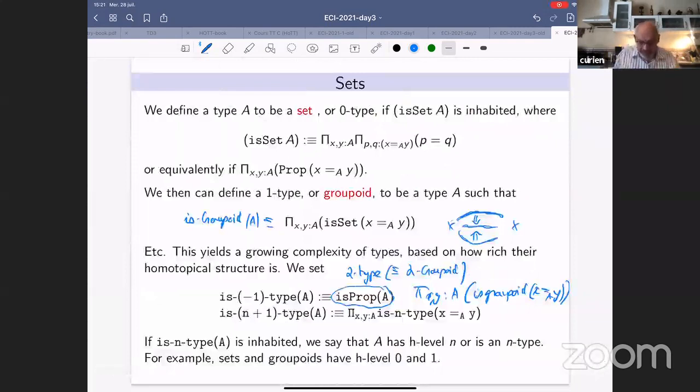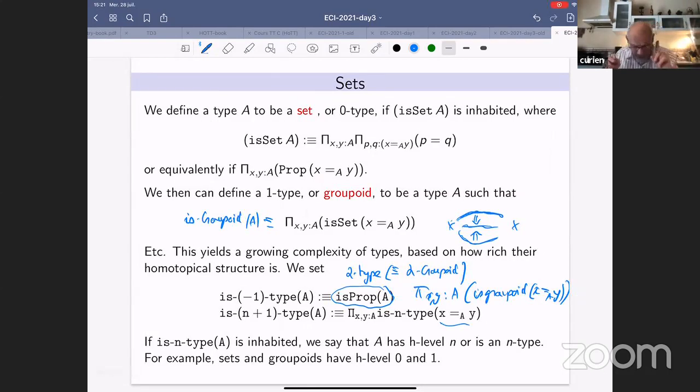And then if I recursively define being an n+1 type to be, by definition, the type such that for all x, y, the equality type is an n-type, you see that progressively I'm building a hierarchy of types that have richer and richer homotopical structure. That's the idea.